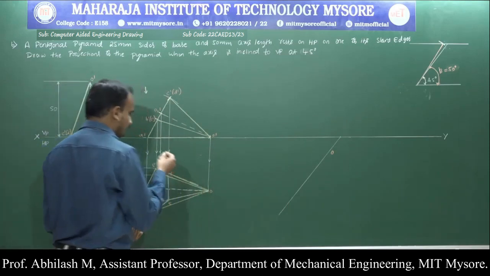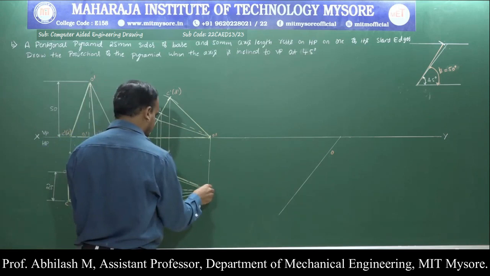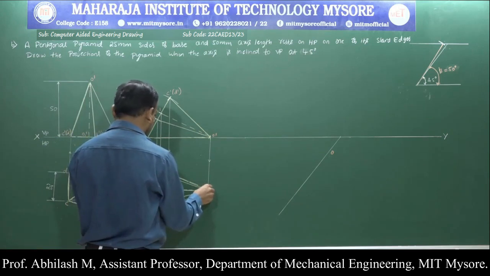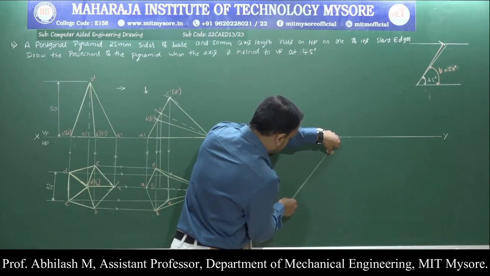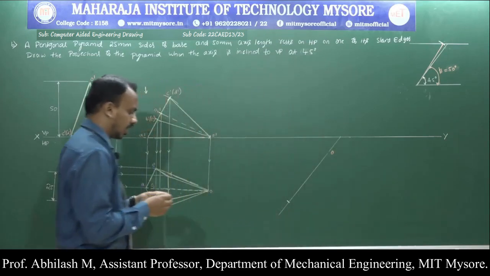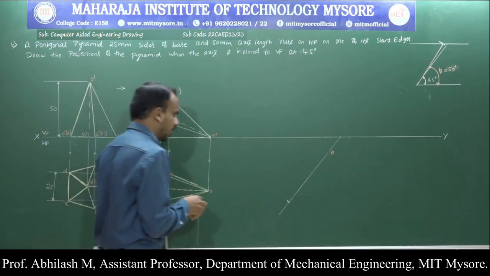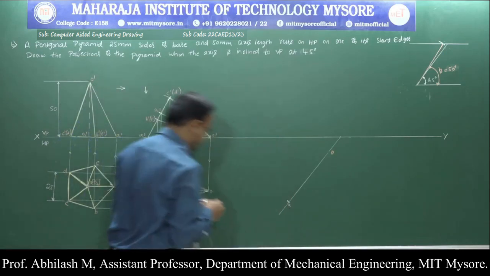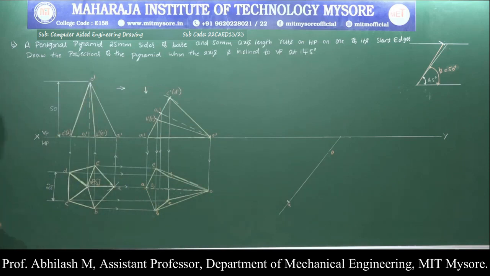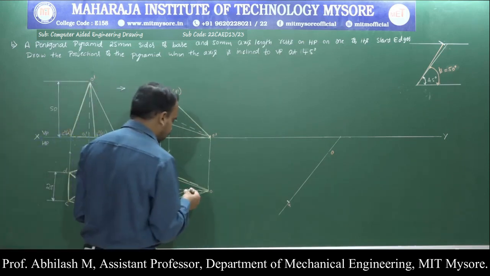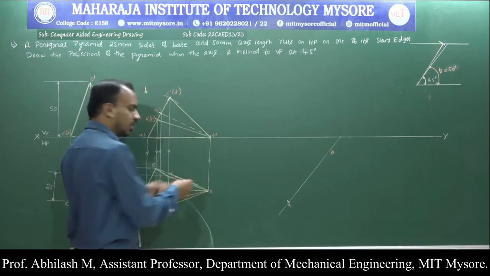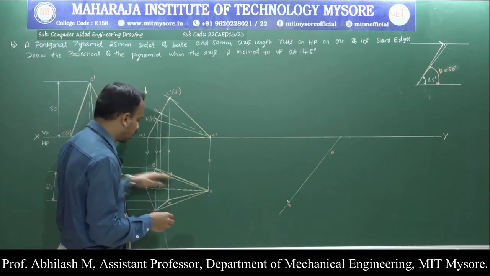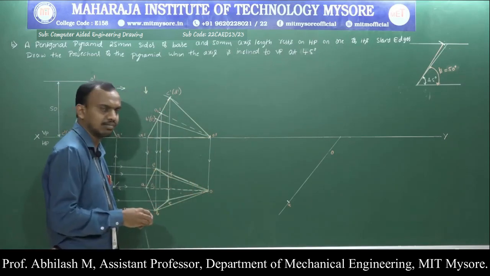Now O and A are on the same line, so measure it and cut an arc. So this is my point A. Now let us transfer all other points, and be careful that once you measure one length, that will be the same on the other side also. Like if you measure from O to E, O to B will be the same length.